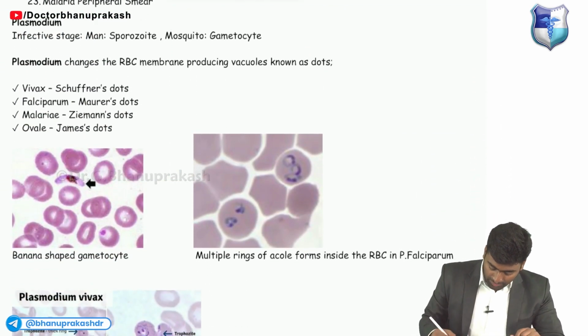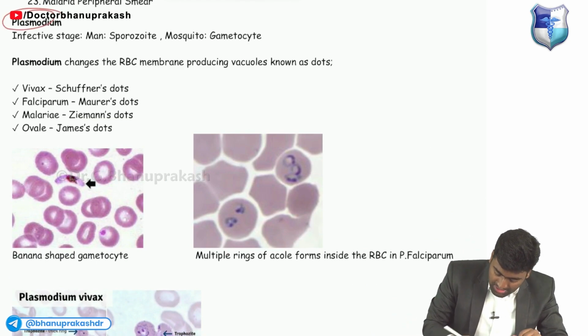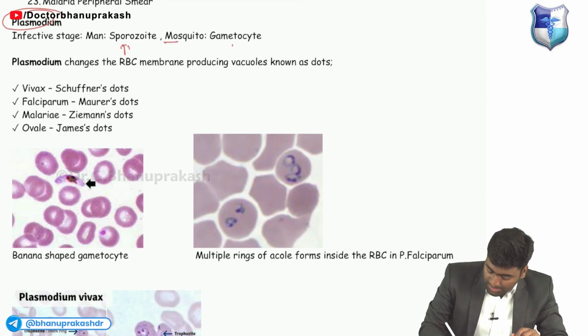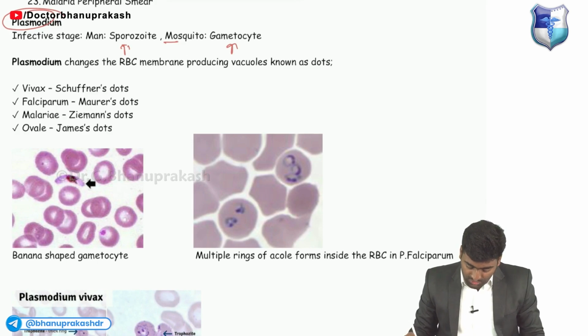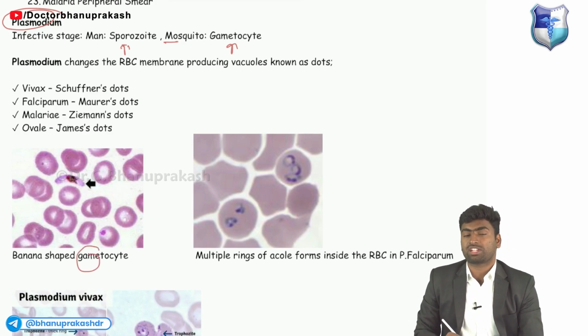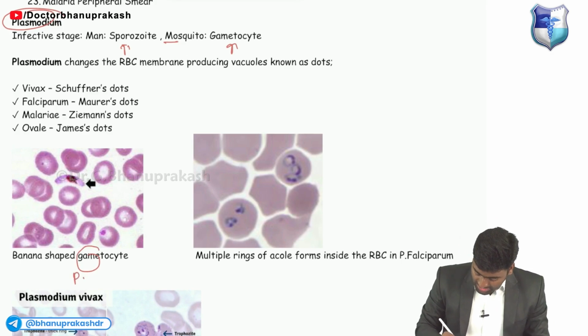And about malaria, you need to know just a few things. In the case of Plasmodium, you know the infective stage. The infective stage in man is the sporozoite, whereas for the mosquito it is the gametocyte. In man, the banana-shaped gametocytes will be seen in a case of Plasmodium falciparum.